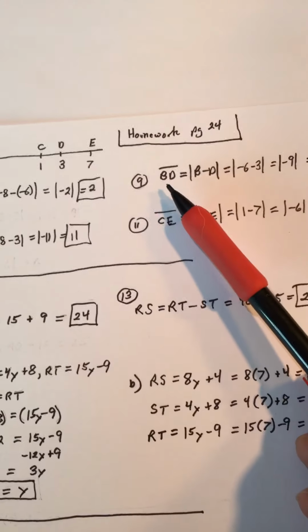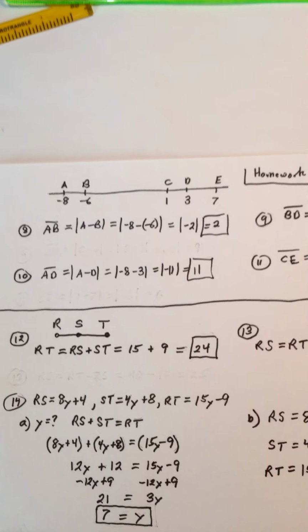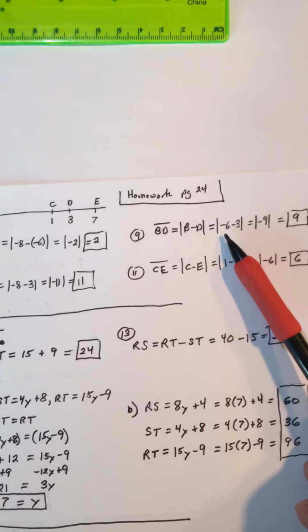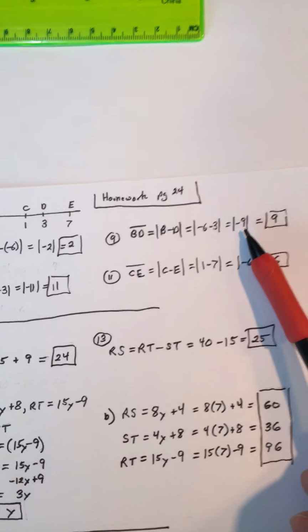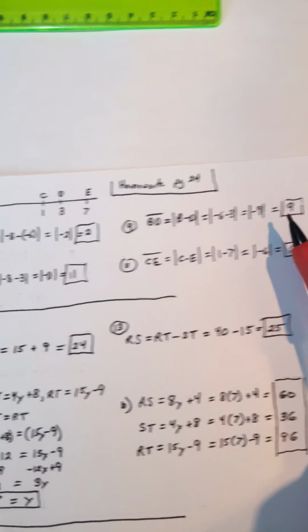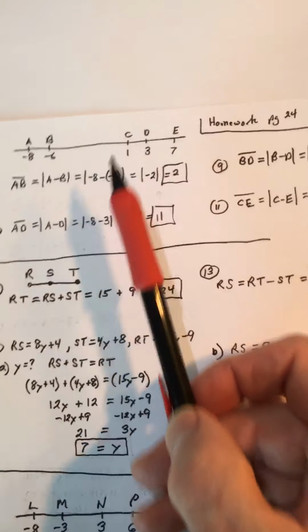For number 9, BD is B minus D, which is -6 minus 3, which is -9, and the absolute value of that is 9. So BD, distance is 9.